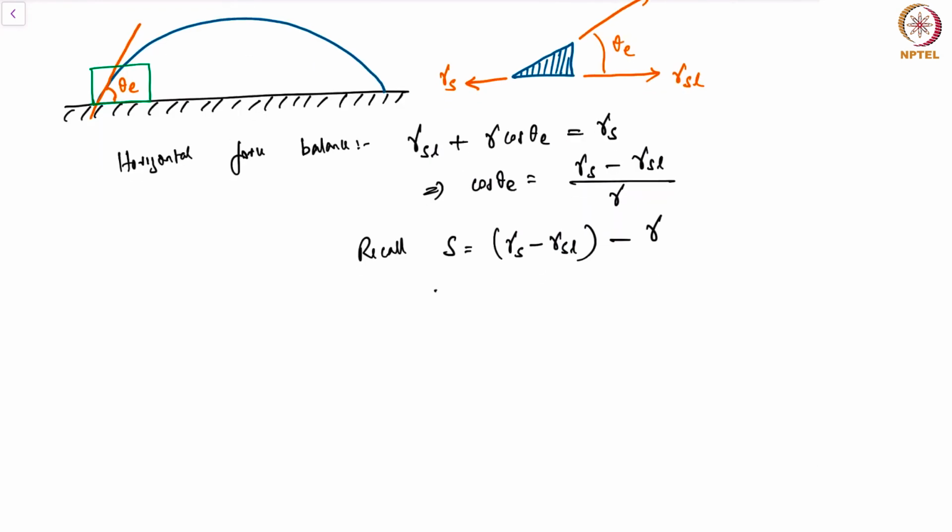So therefore I have gamma S minus gamma SL is S plus gamma. Okay, and therefore I have cos of theta e, the cosine of the angle at the interface at the contact line, is nothing but the numerator essentially can be replaced with S plus gamma by gamma.